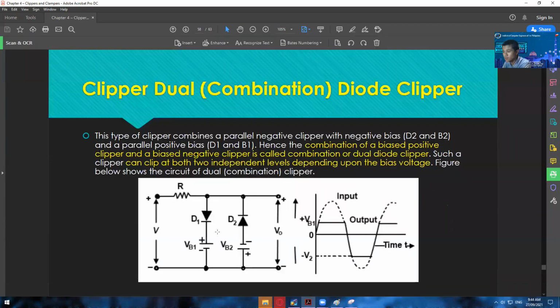So we must have this fixed format or representation just to get this kind of voltage output or waveform. And that's the reason why it's called a combination: we have a reading in the positive and also a reading in the negative half cycle.